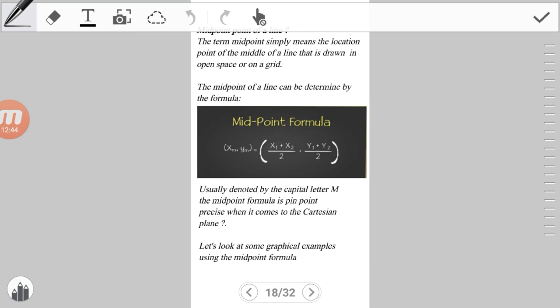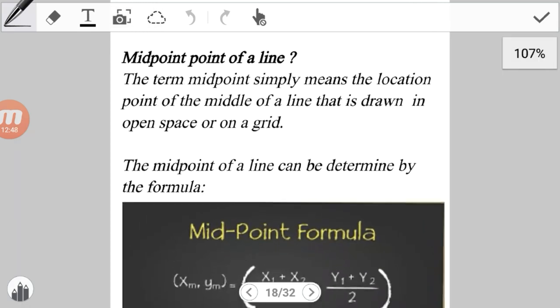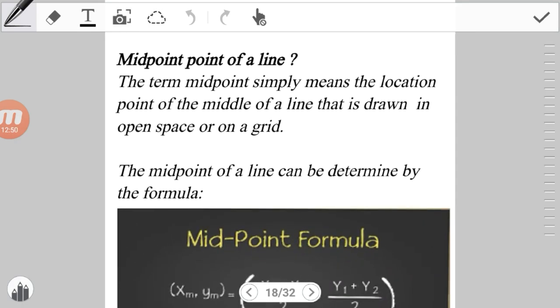Let's move on to the next important application of coordinate geometry. What we're going to be looking at next is the midpoint of a line. This is how we find the central location, the exact center of a line that is drawn on a grid.